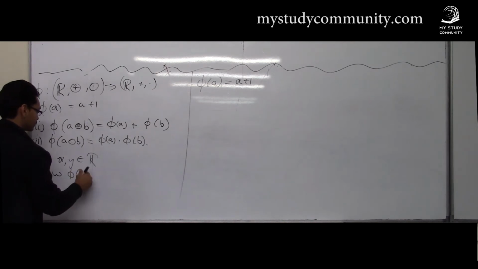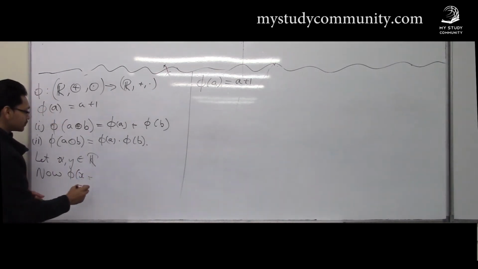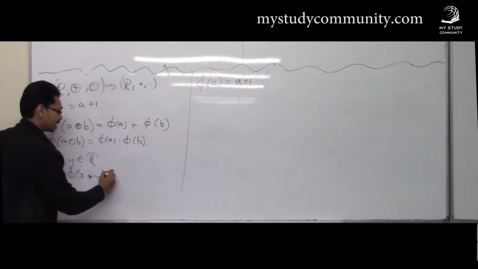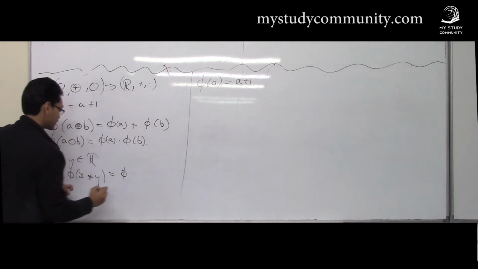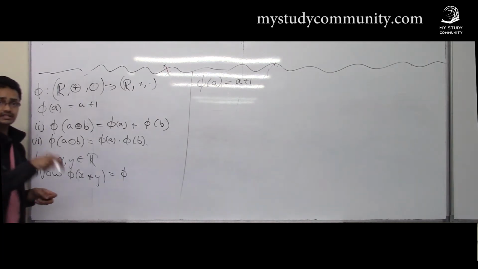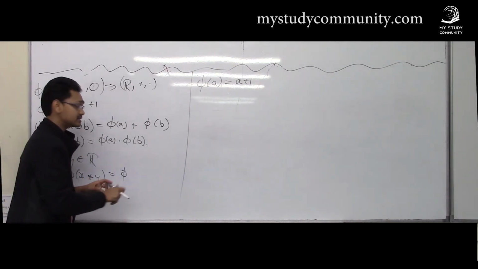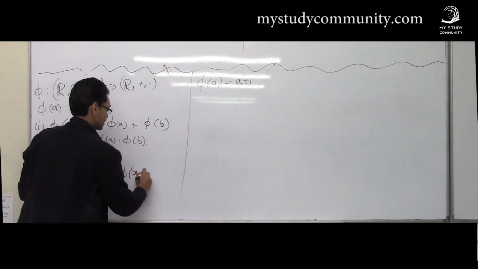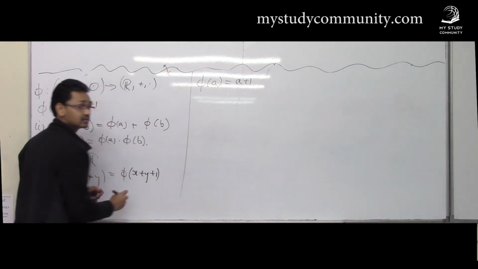Now phi of x circle plus y. Phi of x circle plus y equals phi of x circle plus y is, in the notes, it's defined: x circle plus y is x plus y plus 1, yes?